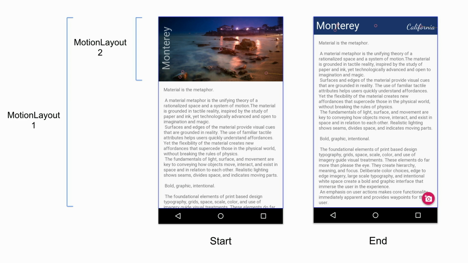And it's simply nested into an outer motion layout. And what's really nice is that in order to specify how this overall screen behaves, I just need to create those 2 states, the start and the end. You see that in the end, I bring up a fab, and I simply make the motion layout that's for the toolbar a little smaller. And basically, we take care of all of it.